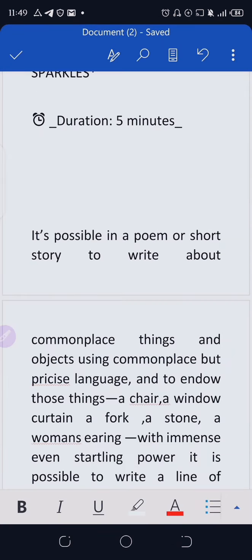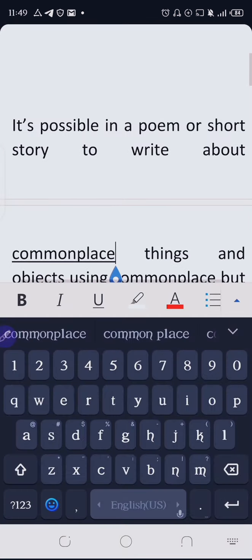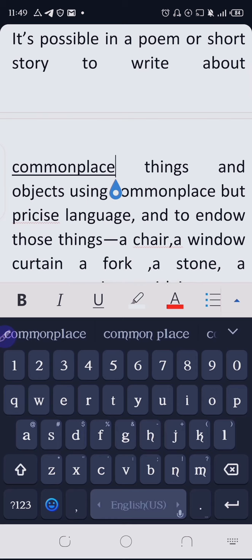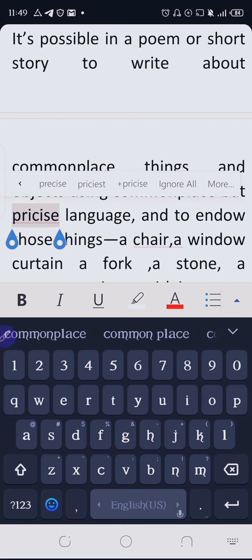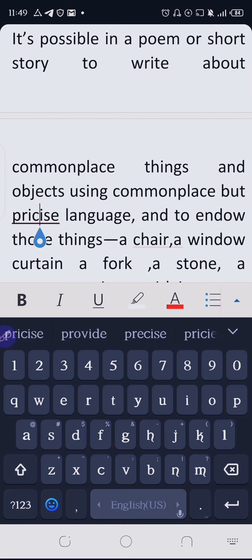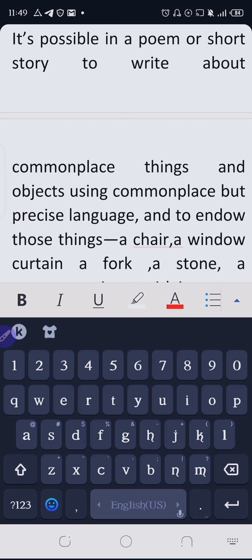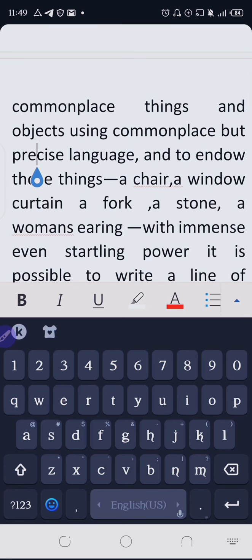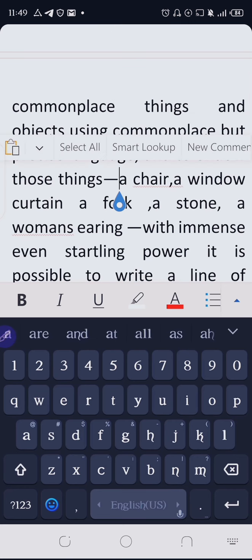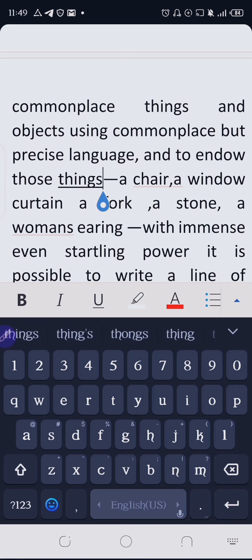It's possible in a poem or short story to write about commonplace things and objects using commonplace but precise language. The spelling of "precise" here is wrong. I don't want to use the autocorrect; I want us to correct it manually. So, precise language. And to endow those things, now what's this particular punctuation mark called? It is called an em dash.